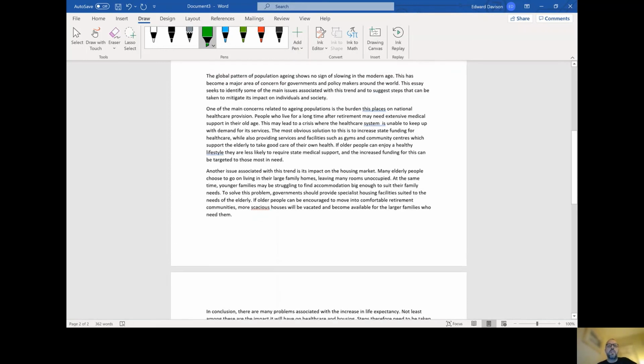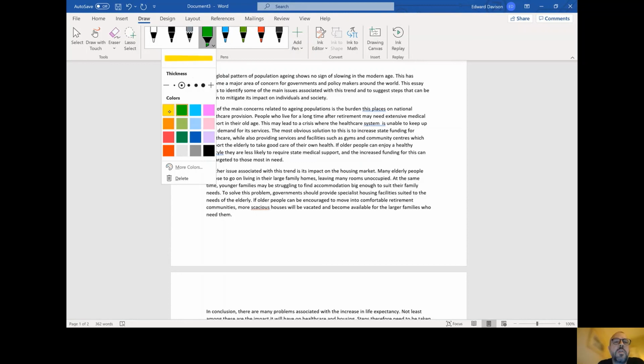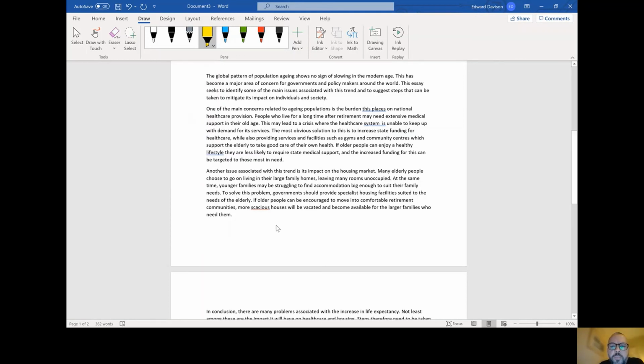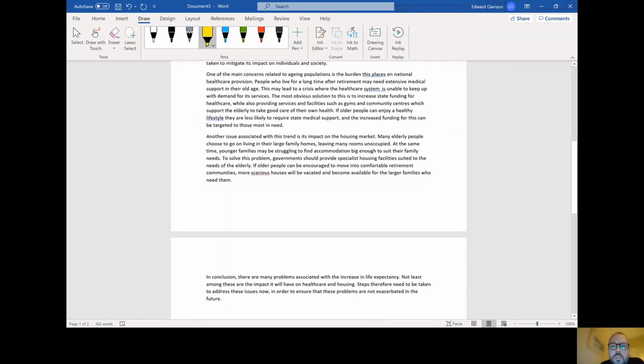Okay, finally, let's look through and just see what's standing out here for an examiner. What are they noticing? Firstly, notice the tenses that have been used here. We've got future tenses, so will, where it's used with conditionals, for example. More spacious houses will be vacated.